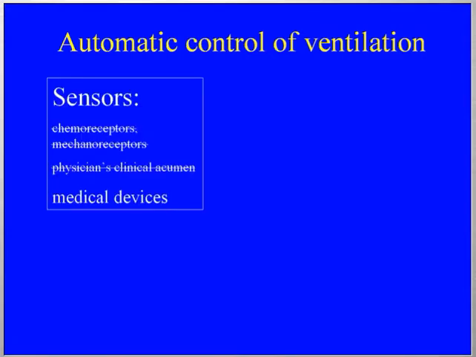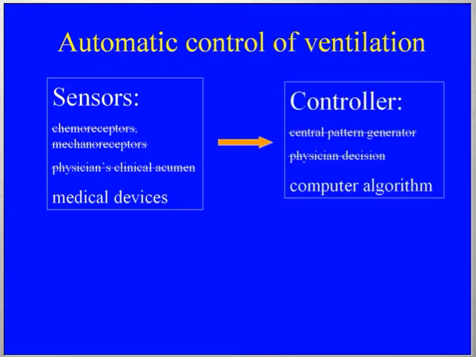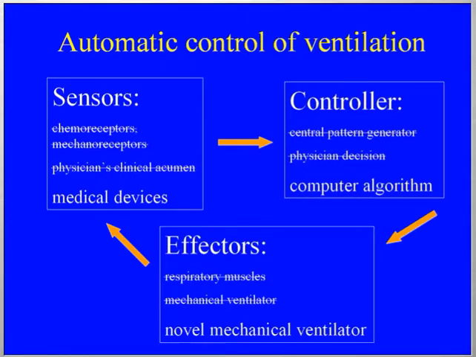Now, how might we do that? Well, one possibility is to replace all those sensors completely with medical devices. So we take the physician out of this particular picture and we use monitors on oxygenation, carbon dioxide production, maybe, I don't know, some sensor of patient movement perhaps. And we replace the controller now with a computer algorithm which goes to direct a mechanical ventilator.